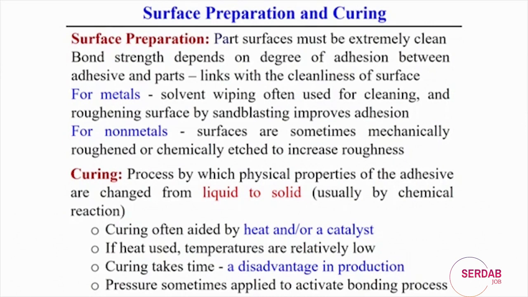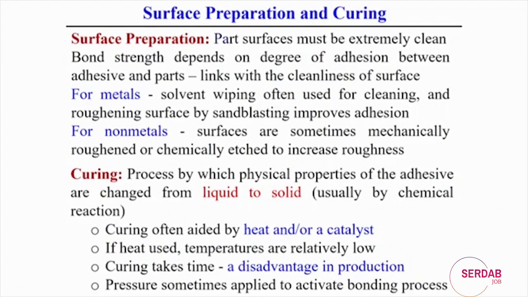Second, regarding how the surface preparation can be done in the case of metals and in the case of non-metals: in the case of metals, we use solvent wiping, often used for cleaning purposes, and then roughening of the surface is also required.